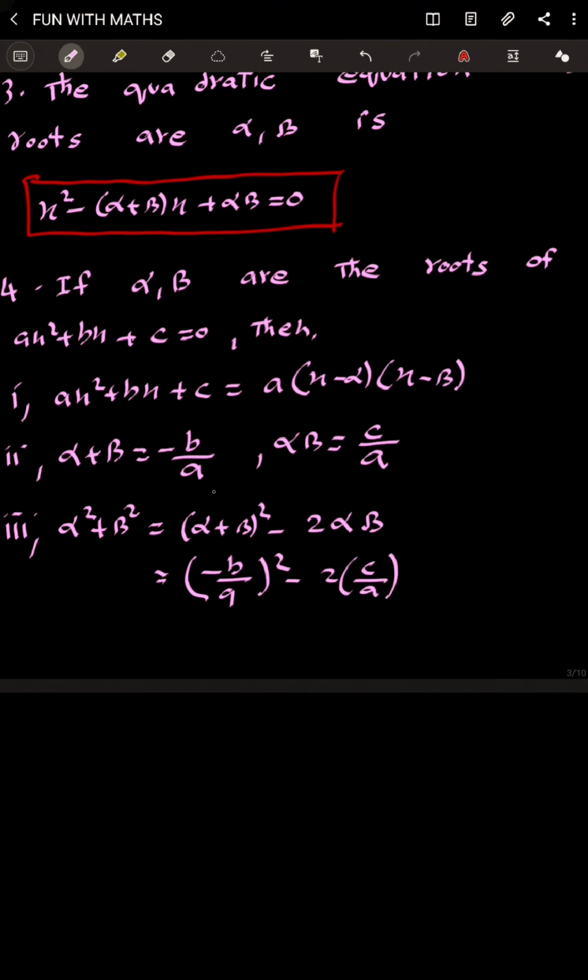Like alpha plus beta is equal to minus b by a and alpha beta is equal to c by a. So it's b square by a square minus 2c by a. So taking LCM a square, we get b square minus 2ac by a square.